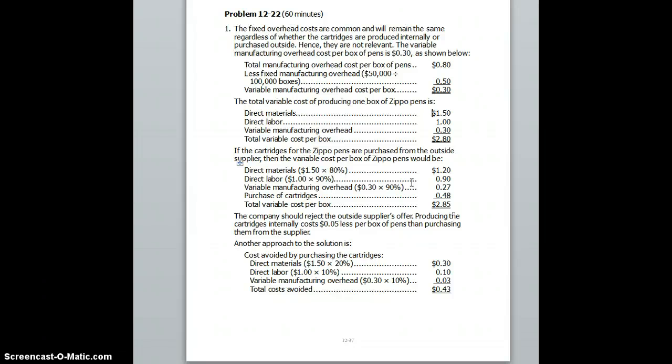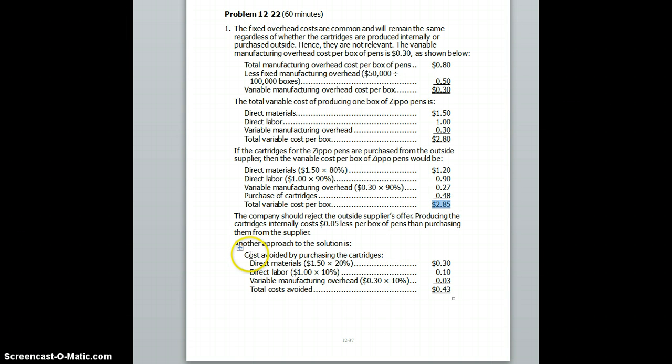So at the end of the day, $1.20 of direct materials, 90 cents of direct labor, 27 cents of variable manufacturing overhead, and 48 cents to purchase the cartridge. All in all, the total variable cost per box, $2.85. So the company should reject the outside supplier's offer because it is cheaper by 5 cents to continue to produce the cartridge as opposed to buy the cartridge from an outside supplier.